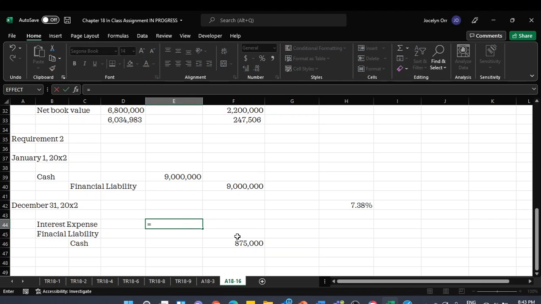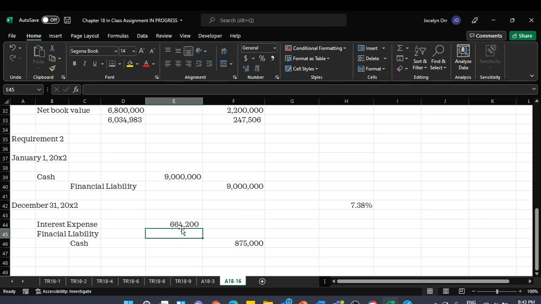So knowing that amount, our payment multiplied by that rate of 7.38 is going to give us, not a percentage. Goodness. Sorry, guys. The original financial liability of $9 million multiplied by that rate gives us an amount of $664,200.